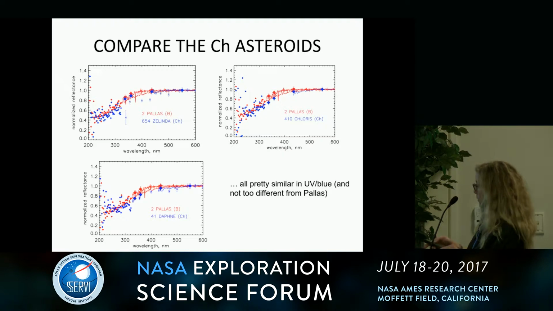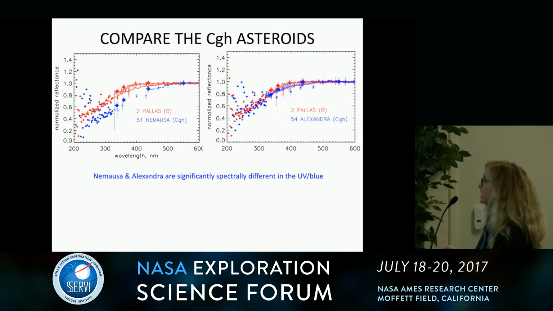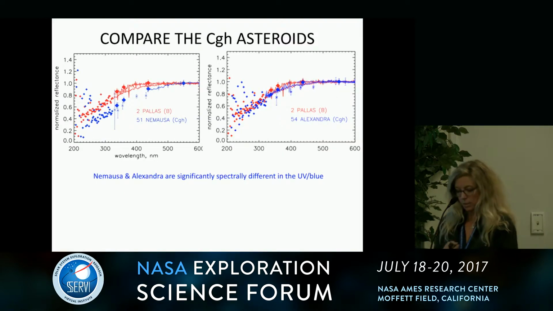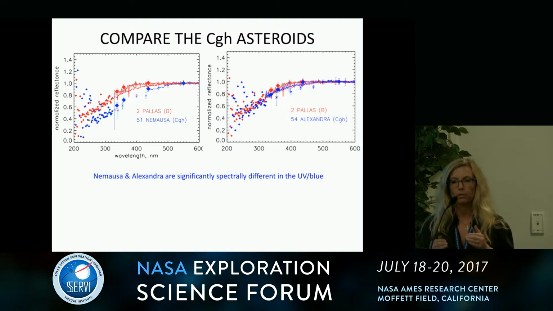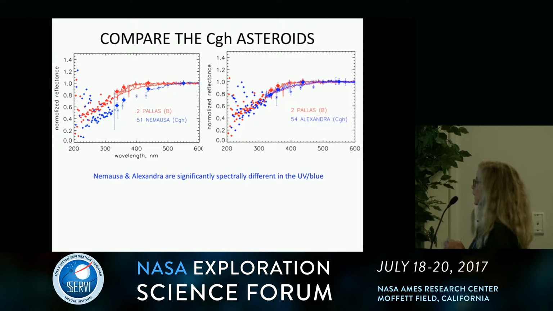We can also compare within the CGH subclass, and this is a class that exhibits the 0.7 micron feature and also supposedly has a sharper, stronger UV absorption edge. I don't think I buy that based on our data set, so we might want to revisit that.